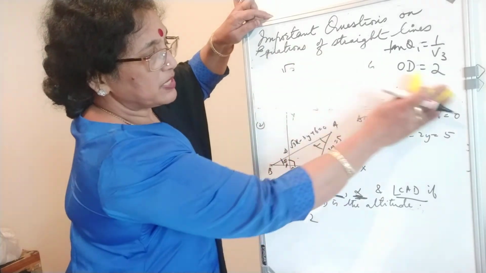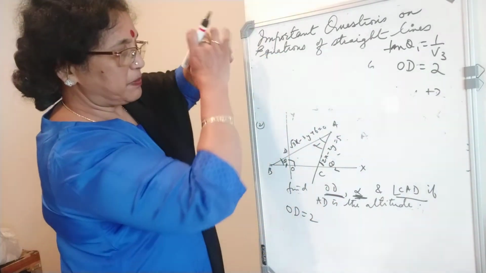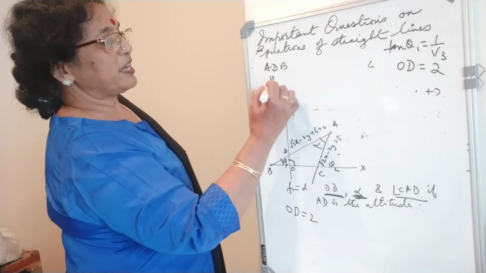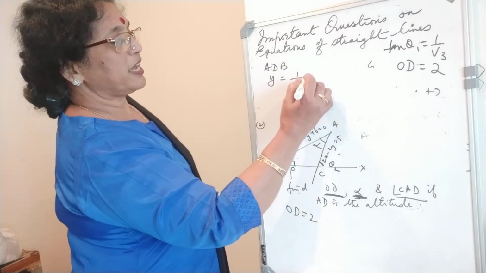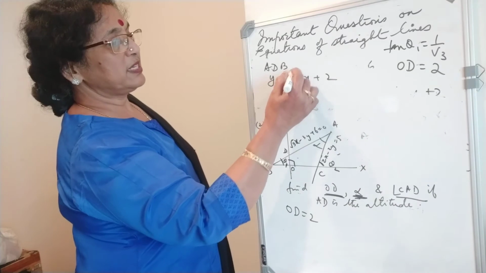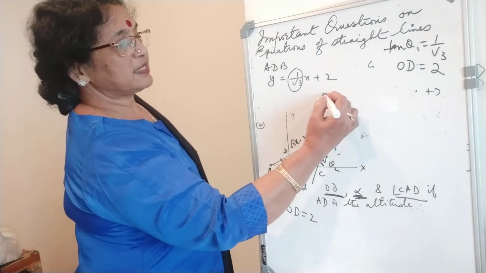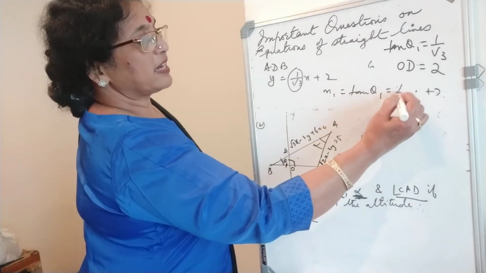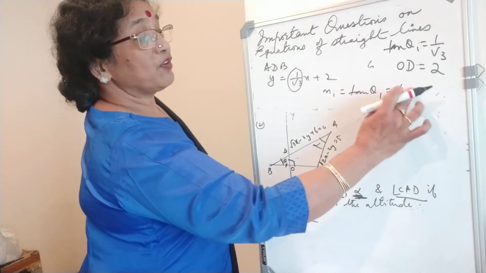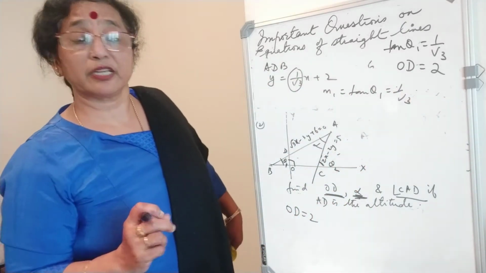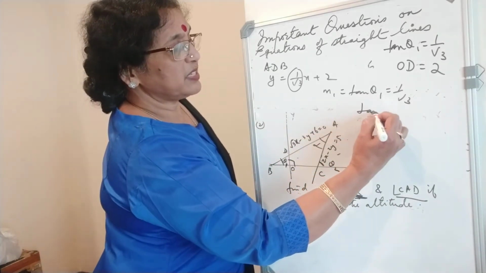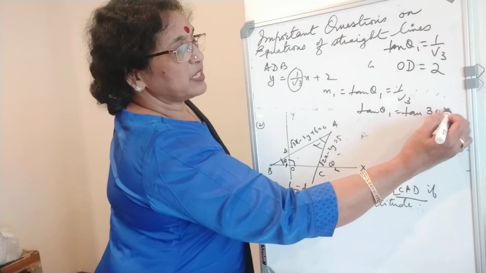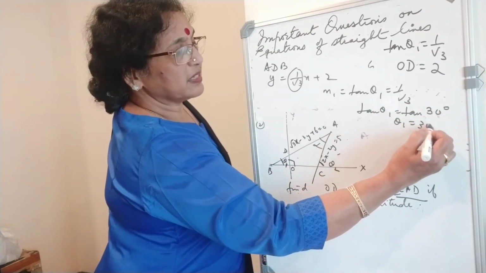I am keeping this down. So the first line, ADB, when it is reduced, is y equals 1 by root 3 x plus 2. So this is the slope, say m1, and that is tan of theta 1, and that is 1 by root 3. Tan of which angle is 1 by root 3 in trigonometry? 30 degrees. So tan of 30 degrees. So theta 1 is 30 degrees.